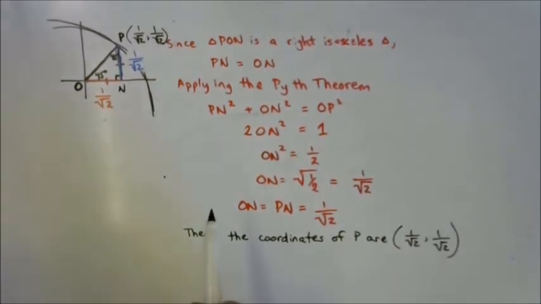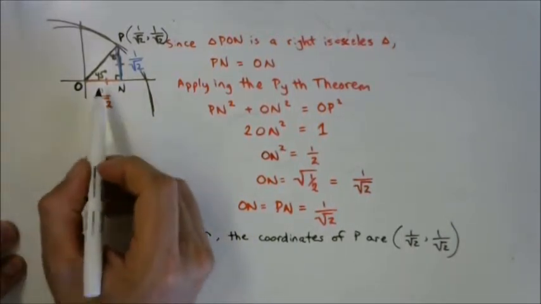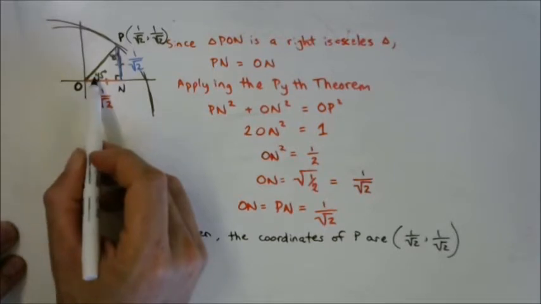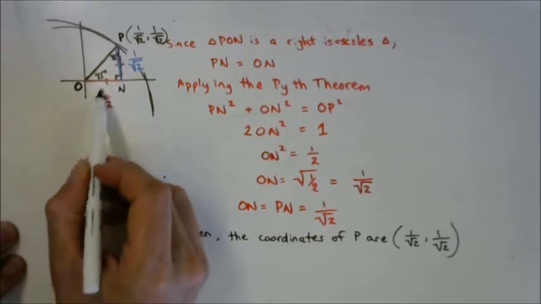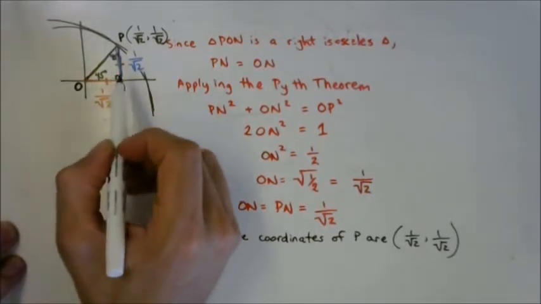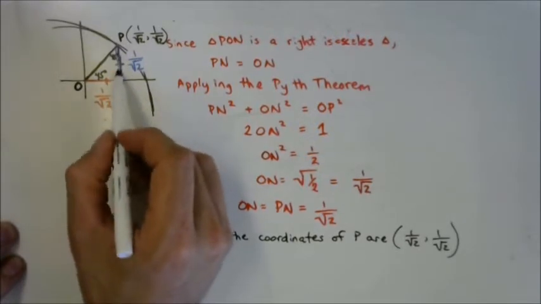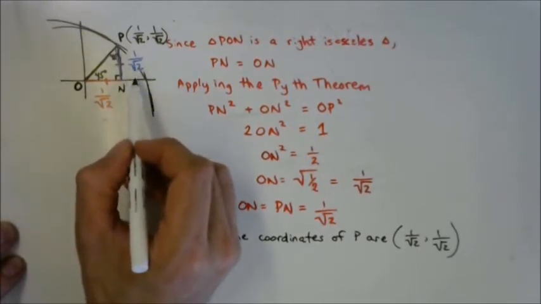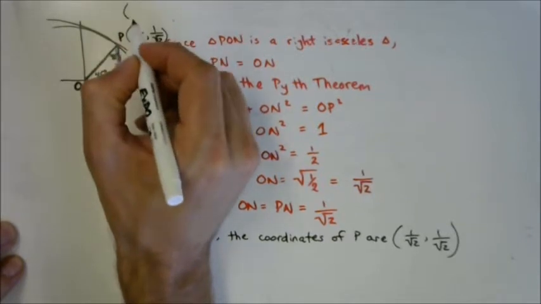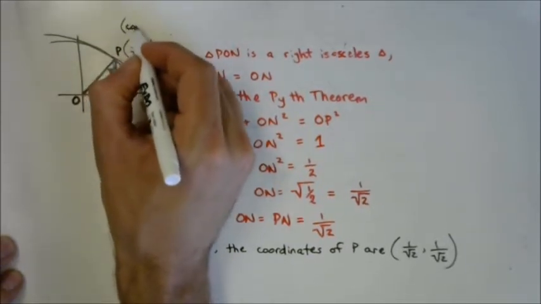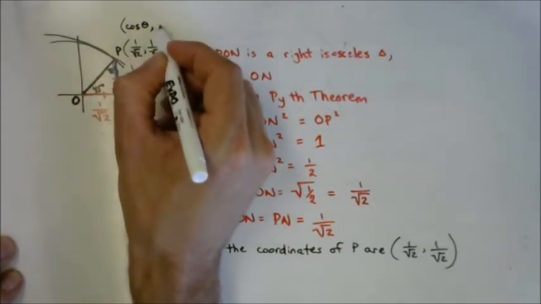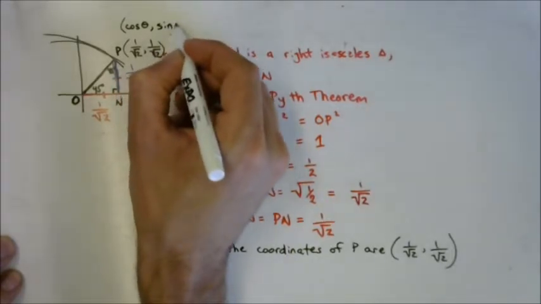So we now actually know the cosine of 45 degrees is 1 over radical 2, and the sine of 45 degrees is 1 over radical 2, right? Because we said that point P is also represented as the cosine of theta, comma, the sine of theta.